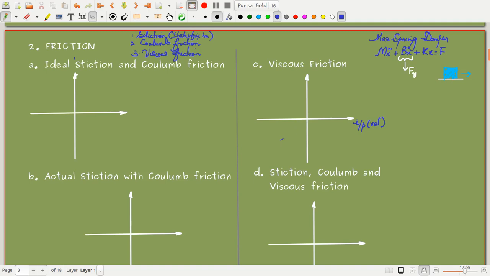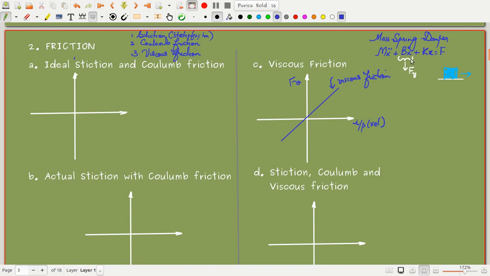So we can draw a linear curve here. I can write this as Fv, the viscous friction. It is linear in nature.